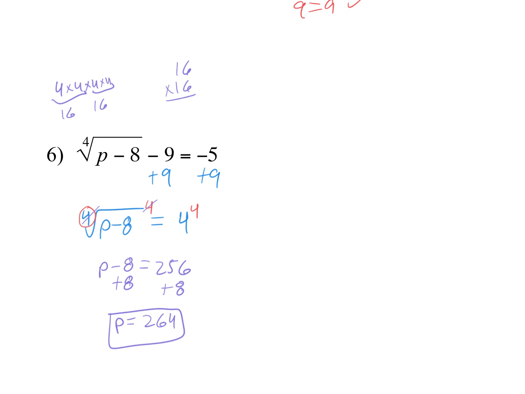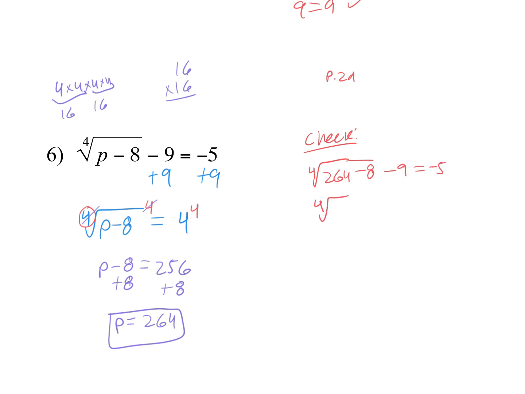Now when we go to check this, we just need to be comfortable with working with higher roots. That was our lesson way back, in our section P2D, where we worked with higher roots. So this is going to be the fourth root of 264 minus 8, minus 9 is negative 5.